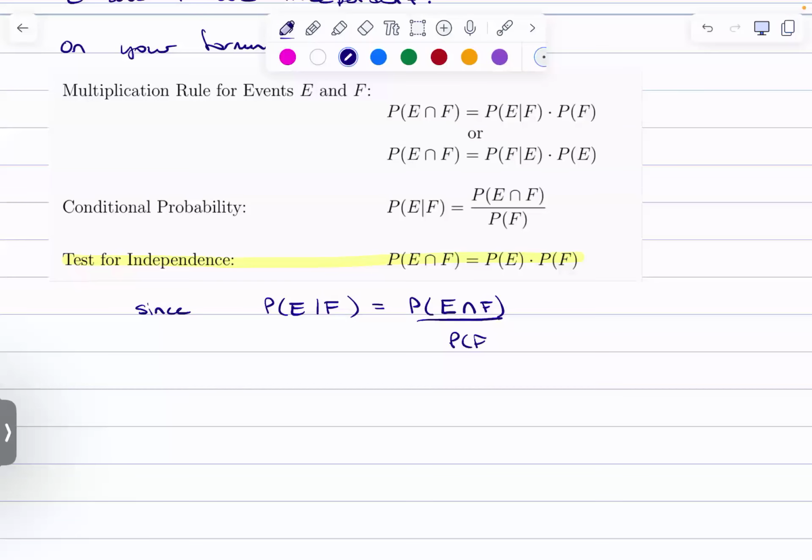And same thing here, the probability of F given E is just the probability of F because it's independent of E. So piecing it all together, we get the probability of E and F is the probability of E times the probability of F if and only if, and that's important, E and F are independent.